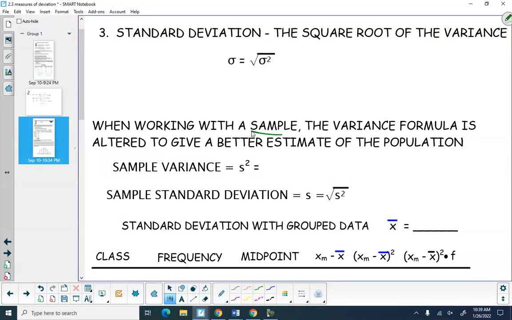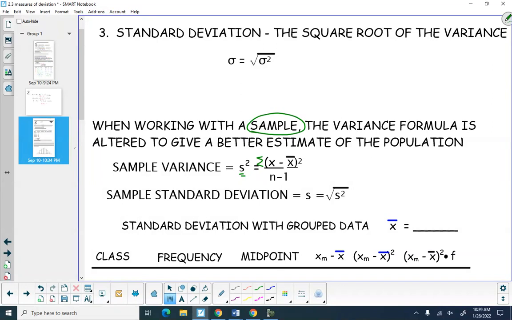When you have a sample, the variance formula is altered. When you're dealing with a sample variance, once again, when you use a sample, we use letters rather than Greek symbols. So we're going to be using an S. When you deal with a sample, we have the sum of x minus x bar squared, value minus the mean squared.